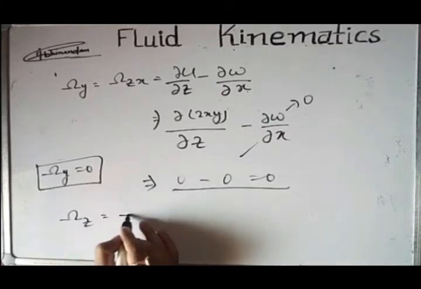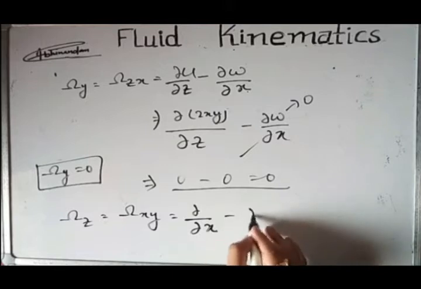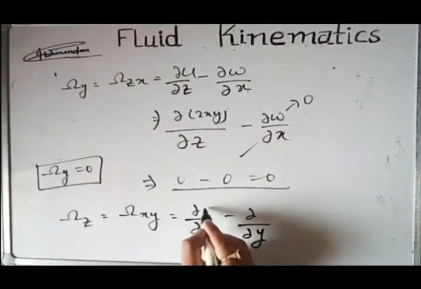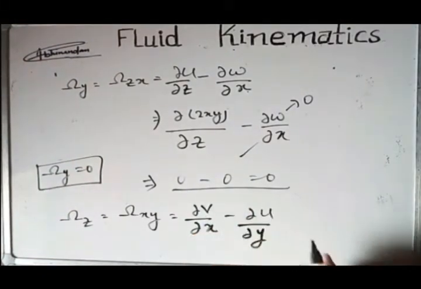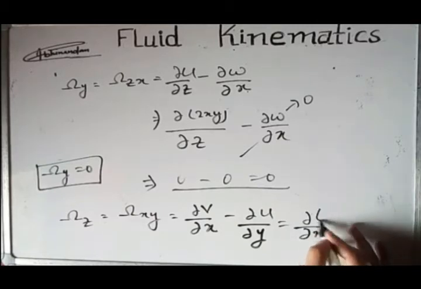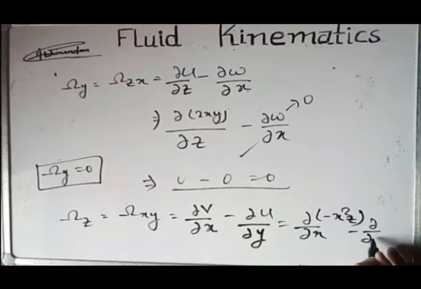Now let's find omega z, which is uppercase omega xy. So partial by partial x, followed by minus partial by partial y, and if we have x in the denominator, then v, and here u will come. As per our question, v equals minus x square z, minus partial by partial y of u, which is 2xy.